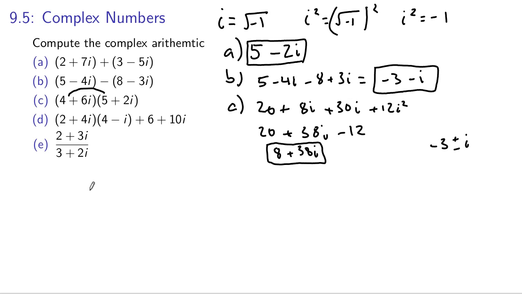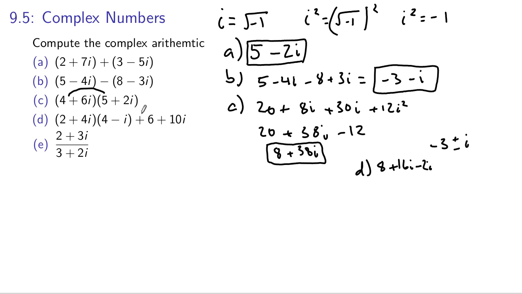Okay, so D, let's put D here. So D, we have another multiplication, and then we have an addition as well. So 2 times 4 is 8. 4i times 4 is 16i. Minus i times 2 is minus 2i.